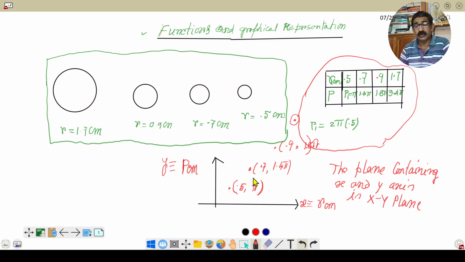These 4 points will give the same information as given by this, and the third pattern of conveying information from one mind to another mind, or from one person to another person. If we give this picture, you will get the same information.